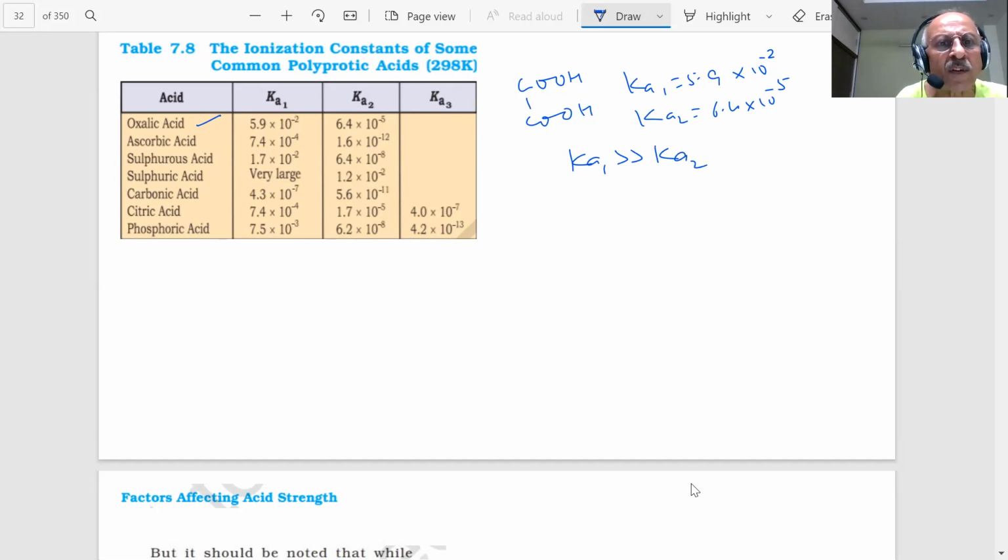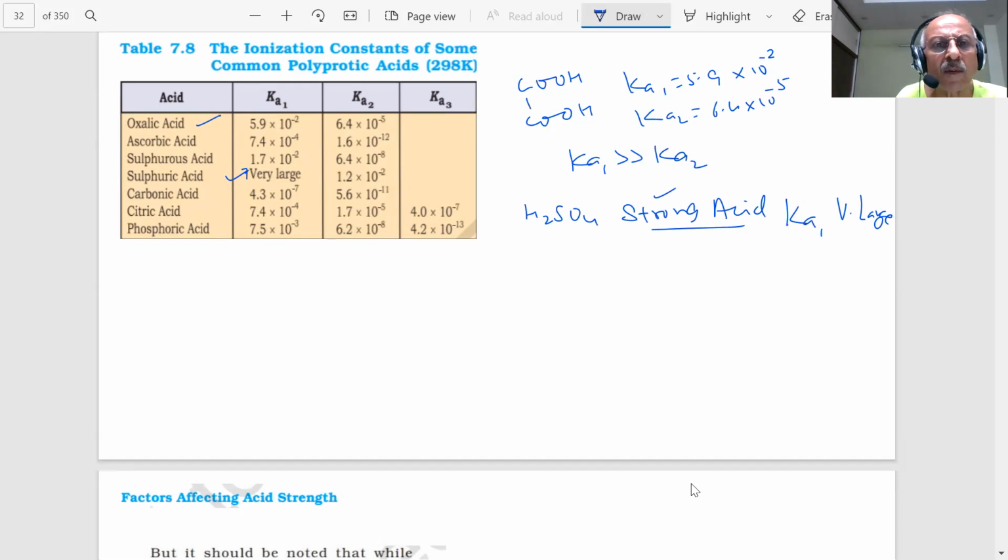Ascorbic acid, sulfurous acid, sulfuric acid, this is very large. Why? Because H2SO4 is a very strong acid, so even the value has not been given. He's saying very large.